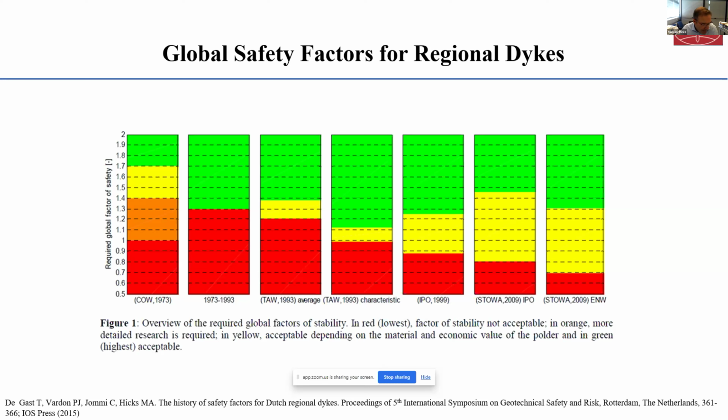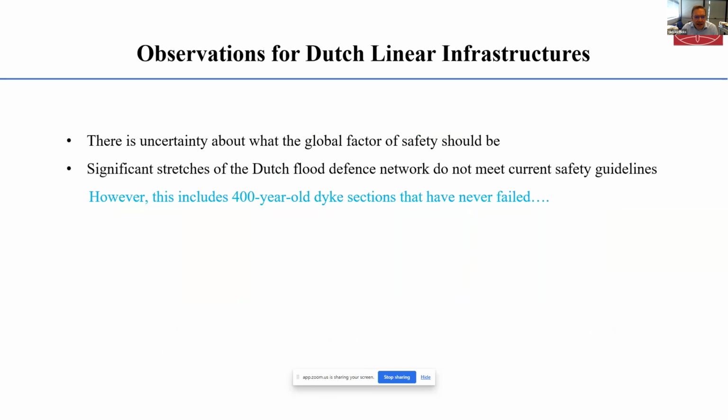In this picture, the red zones indicate unacceptable factors of safety. The green zones are acceptable factors of safety. And the orange and yellow zones may or may not be acceptable depending upon the situation we find ourselves in. So what you can see from this illustration is that there is uncertainty about what the global factor of safety should actually be.